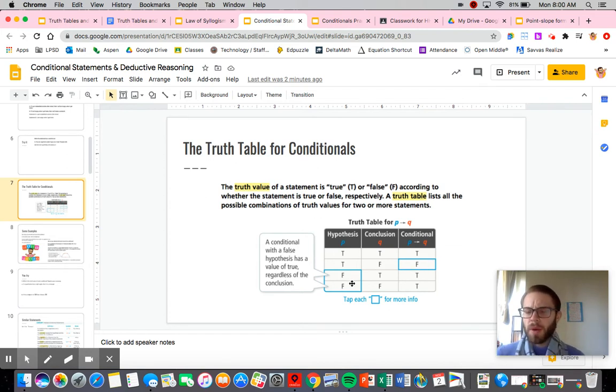These bottom two ones are a little bit weird to wrap your head around because we indicate that if the hypothesis is false, then the conditional is ultimately true, all right? It doesn't matter what is happening with the conclusion in the case that the hypothesis is false. The best way I can explain why it is that way largely comes down to the fact that we're trying to illustrate a relationship.